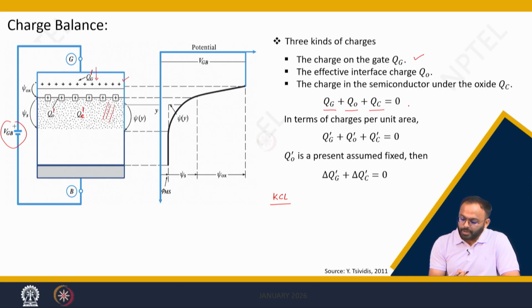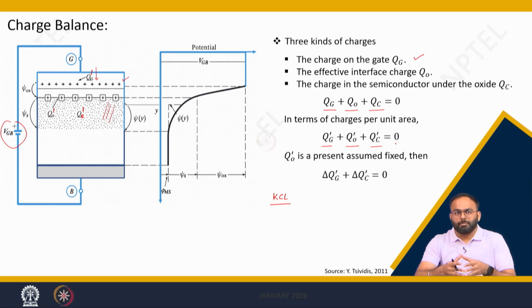Per unit area, it is Qg dash plus Q naught dash plus Qc dash equals 0. Now again the same question: if you vary VGB by a small amount, will the change in Q naught dash appear? No, because it is a fabrication parameter, so it is almost constant.